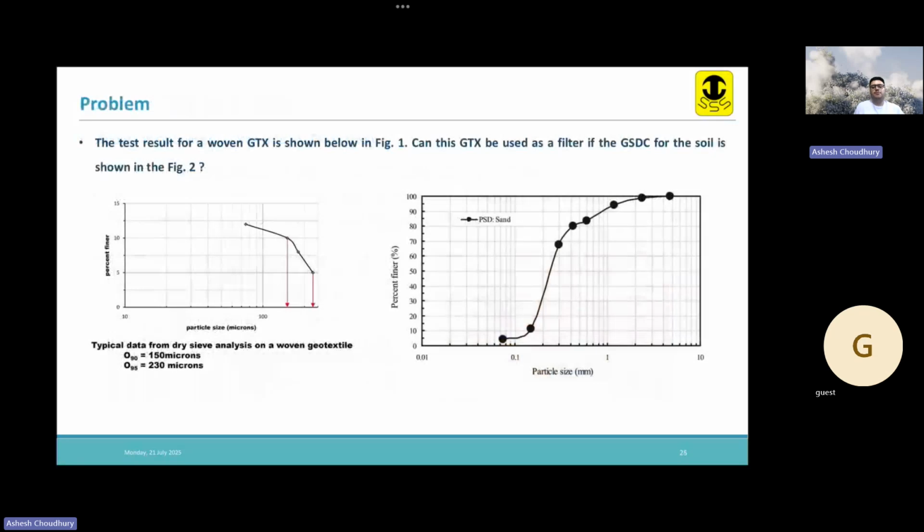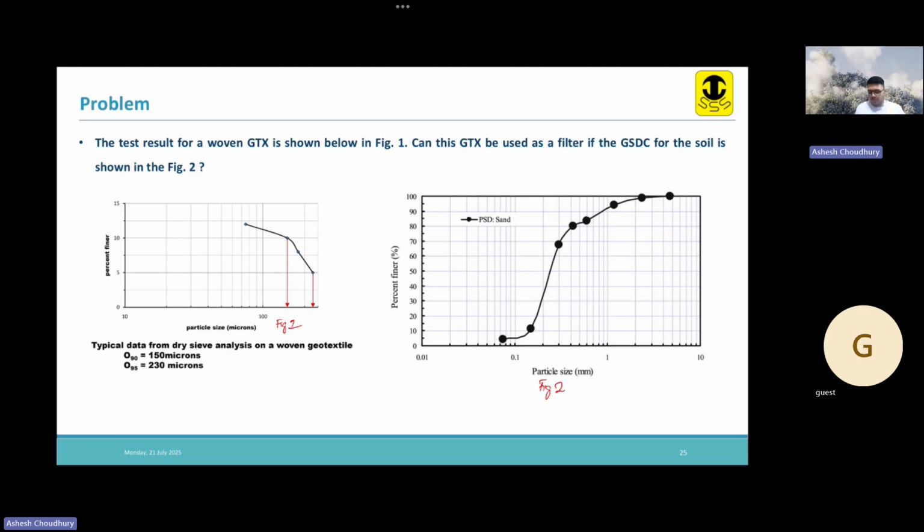So let us see this. The test results for a woven geotextile are shown below in figure 1. Can this geotextile be used as a filter if the grain size distribution curve for the soil is shown in figure 2? So there is one figure, this is figure 1, and this is figure 2.